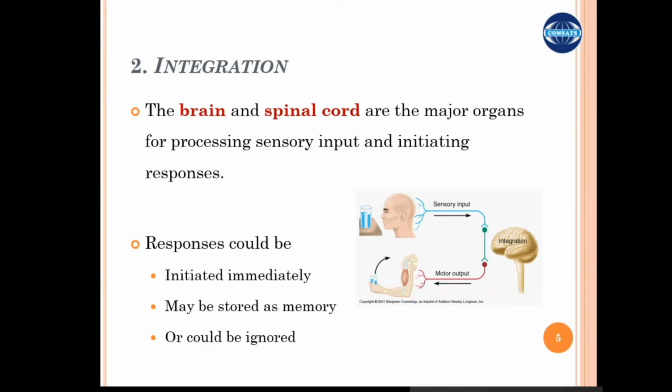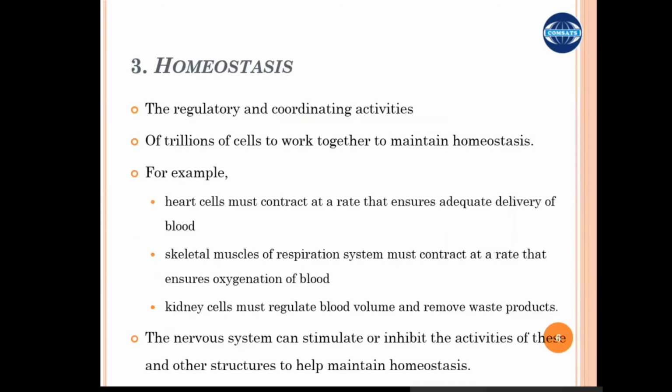Right, so then the third function is homeostasis. Homeostasis is the process by which the animal maintains the internal environment at a constant level. This involves maintaining the body temperature, the water levels, the salt concentrations within the blood and body fluids, other nutrient concentrations, and byproduct concentrations like salt, urea, sugar levels.